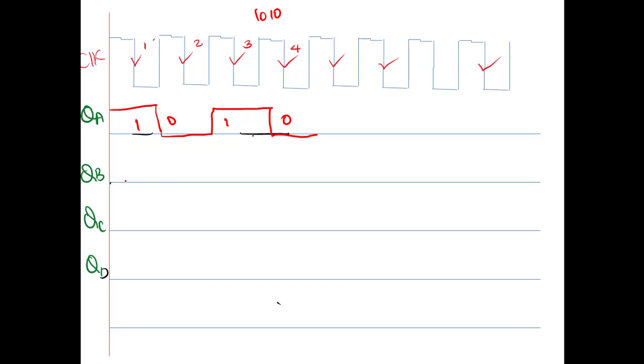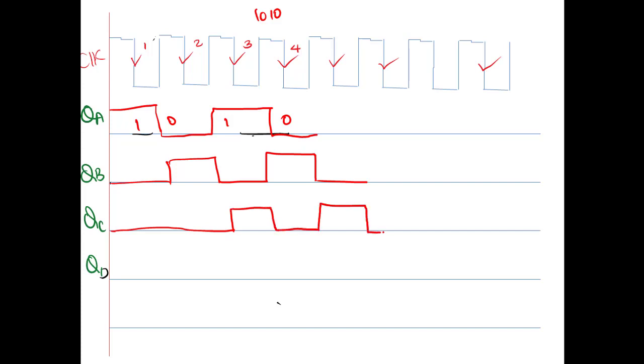Whereas for your QB, this high will appear after one clock pulse: 1, 0, 1, 0. QC, you have to shift. After 2 clock pulses only, you have an input. It is again 1, 0, 1, 0.